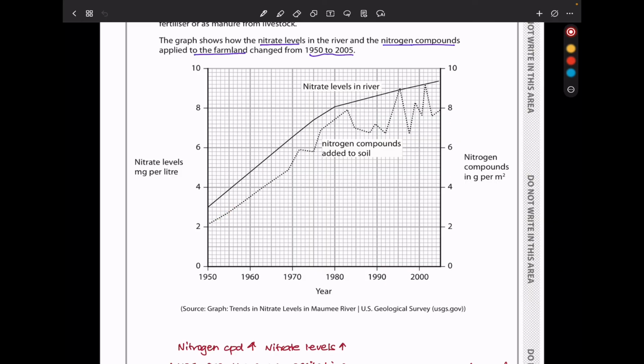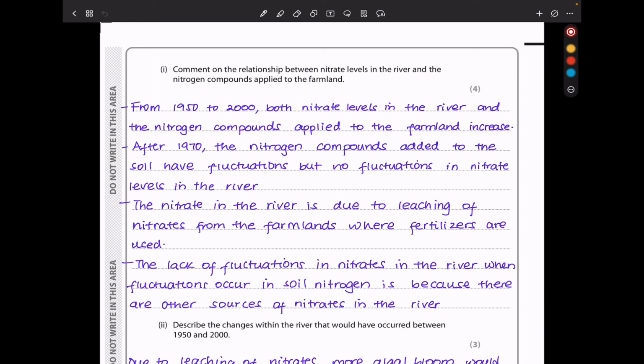But after 1970, we begin to see some oscillations within the nitrogen compounds in the soil, while the nitrates in the river are continuously higher and increasing. This could mean that the nitrates in the river are not solely due to the nitrogen compounds in the soil leaching into the river. There could be some other factor responsible for the increase in the nitrates within the river.